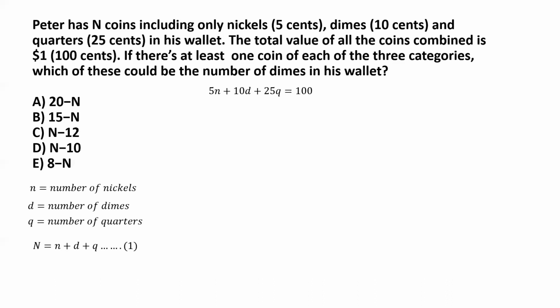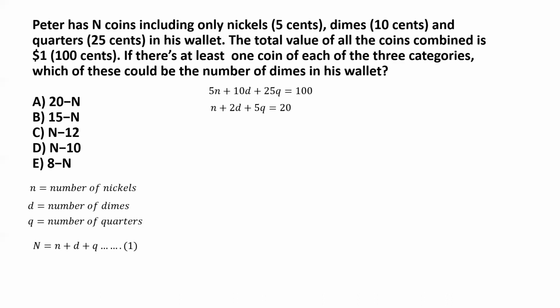And then if you add all of these, the value will be $1, which is 100 cents. Because we are considering the value in cents, we will equate this to 100. And this is just for simplicity's sake, so that we don't get any fractions. And now we can divide both sides of the equation by 5. That will help reduce some of the coefficients. And we'll get n plus 2d plus 5q is equal to 20.